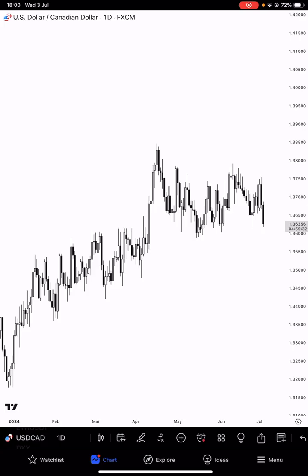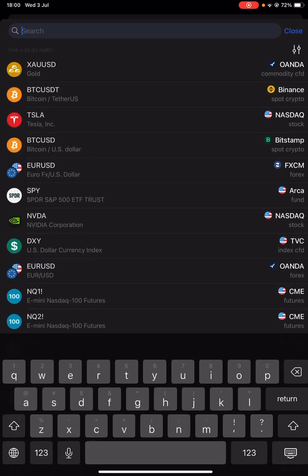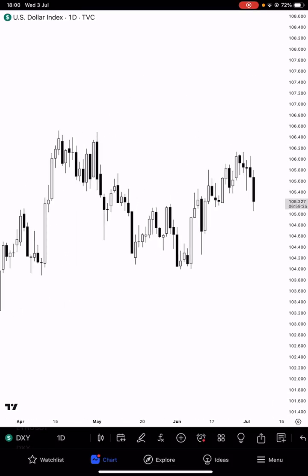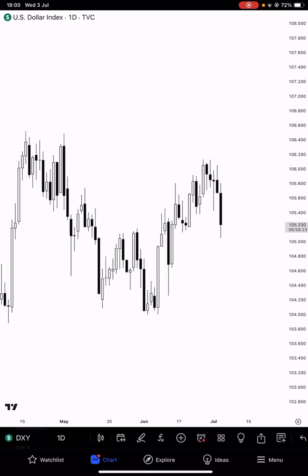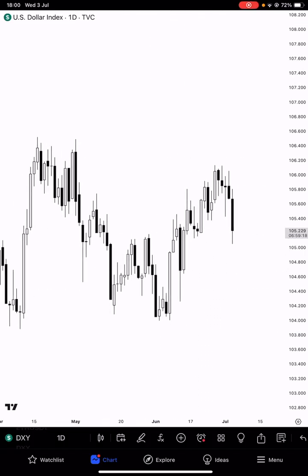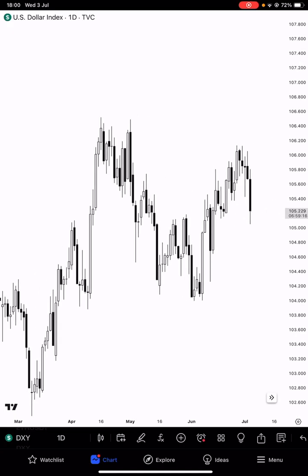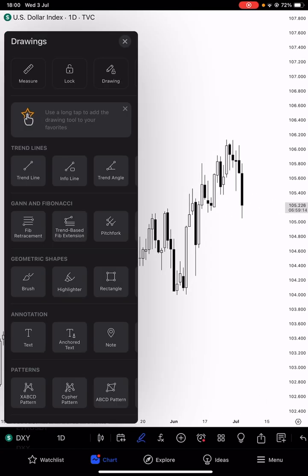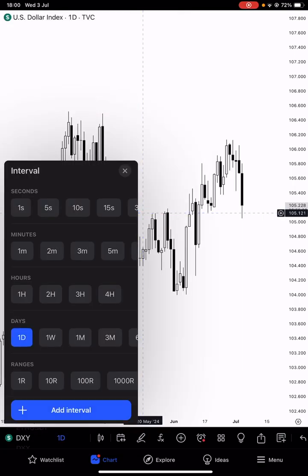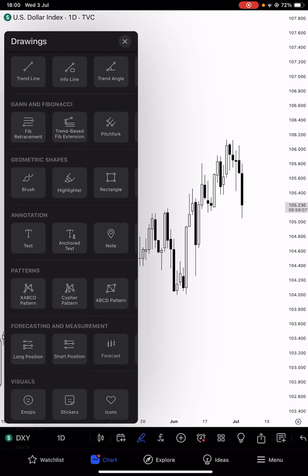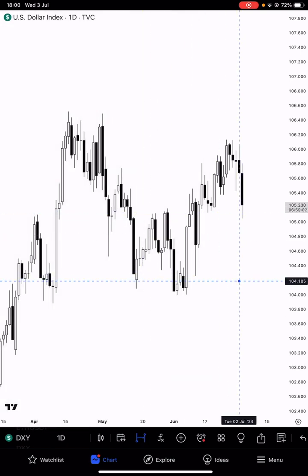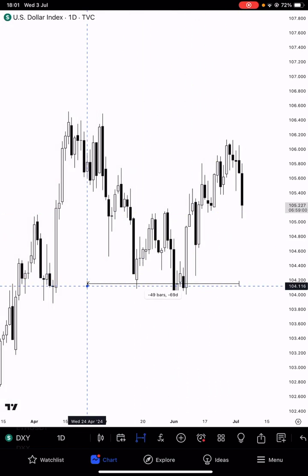So we take an example, DXY. Right now, DXY is in a clear uptrend with the objective, if we focus on the last 60 days window.